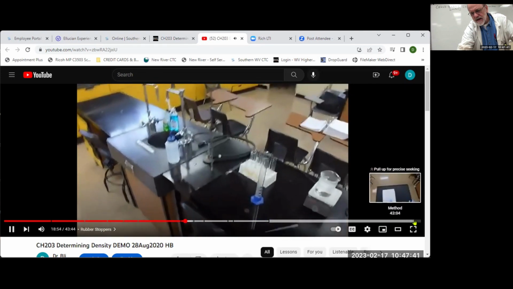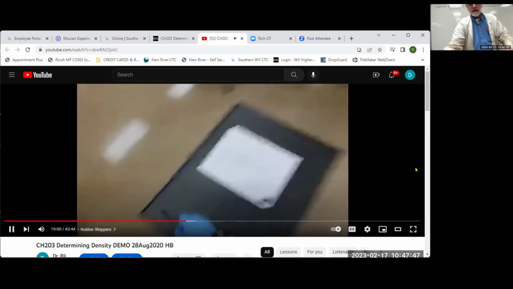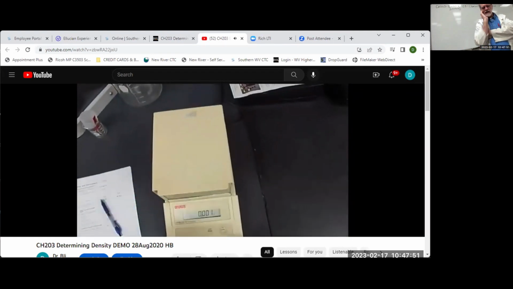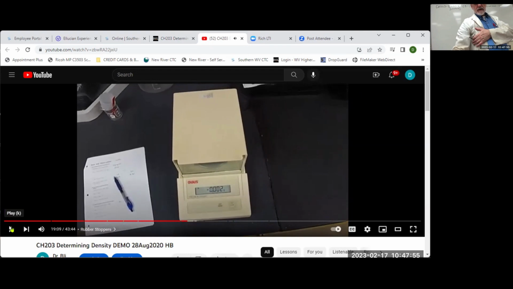Mass and volume. So the mass is easy. We just bring our paper with us. Be sure we're set on 0. What I was searching for was to see if I put any of this on the board. I don't think I did for this one. So you have to pay attention to the video. And it looks clear enough. I think we can see the numbers.